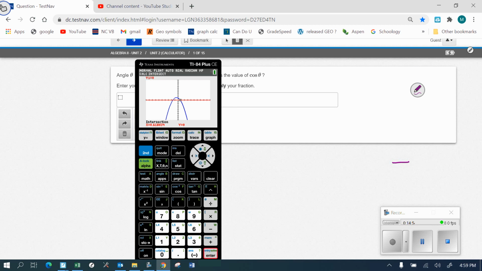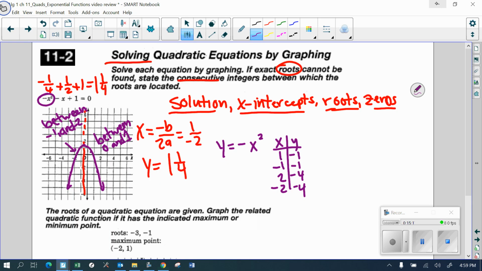It'll jump to the closest one. 0.618 approximately is the first one. Do second calc, number 5 again, enter, enter, and move it closer to the other root, or zero, or solution, or x-intercept, and you get negative 1.62 approximately. Okay, so that's how you find it much more closely in a graphing calculator.